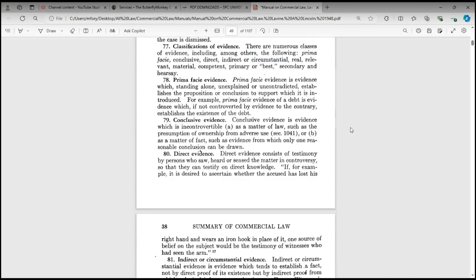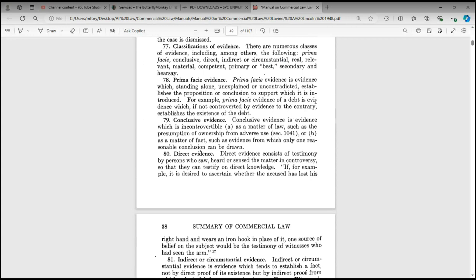Prima facie evidence is evidence which, standing alone, unexplained, and uncontradicted, establishes the proposition or conclusion to support which it is introduced. For example, prima facie evidence of a debt is evidence which, if not controverted by evidence to the contrary, establishes the existence of a debt.